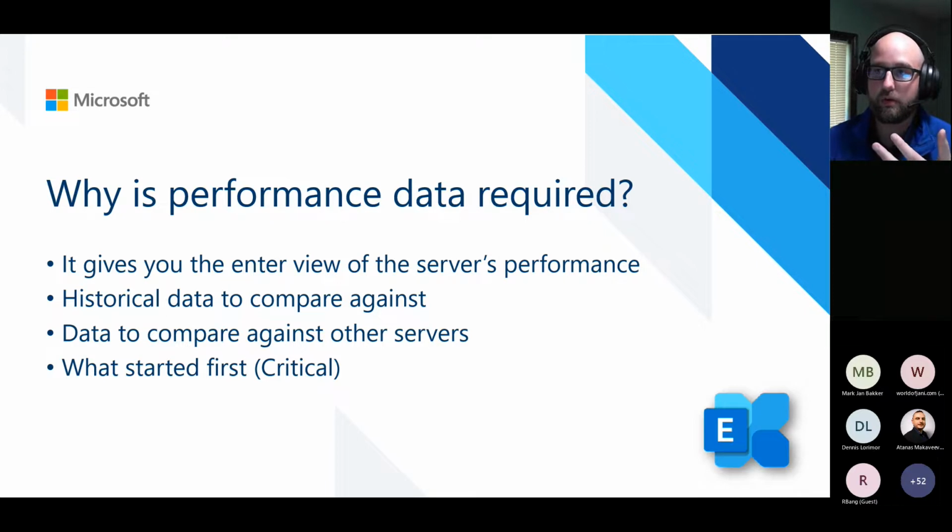Another factor that can occur is networking, something on the network. Other than that, there is typically nothing in Exchange that would cause all the servers in your environment to experience the issue at the same exact time. What you can actually see more often is that a server goes down and then you see a cascading effect, and that will appear as all the servers are having the same type of issues. So it's just important to know what is actually coming first and having that type of data.